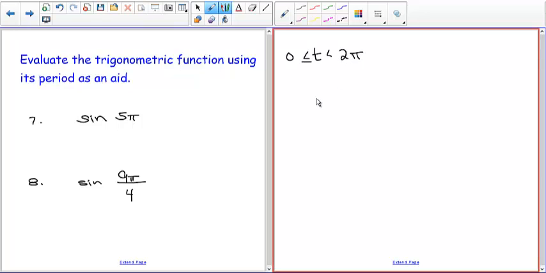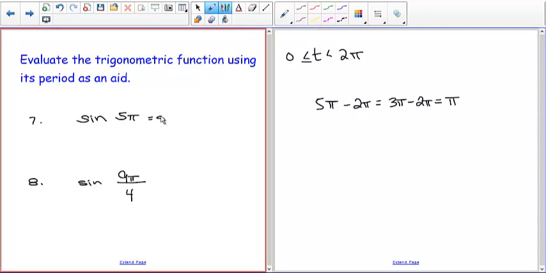So all you have to do is take the original argument, which is greater than 2 pi, and subtract 2 pi. That'll give you 3 pi. Well, that's still greater than 2 pi, so you subtract 2 pi again. Every time I subtract 2 pi, I'm going clockwise a full rotation. So this becomes pi. So this is the same as the sine of pi.